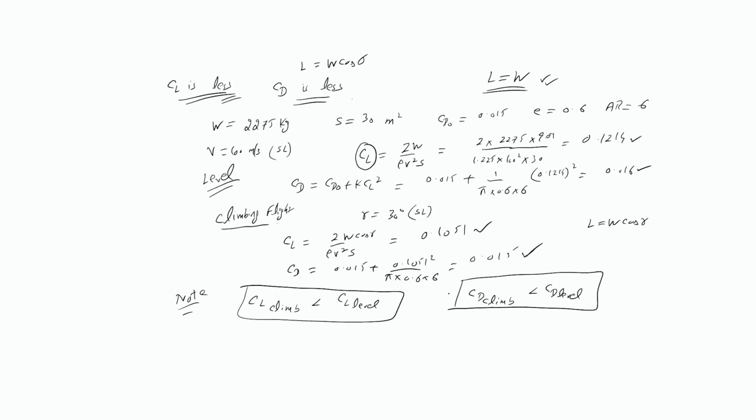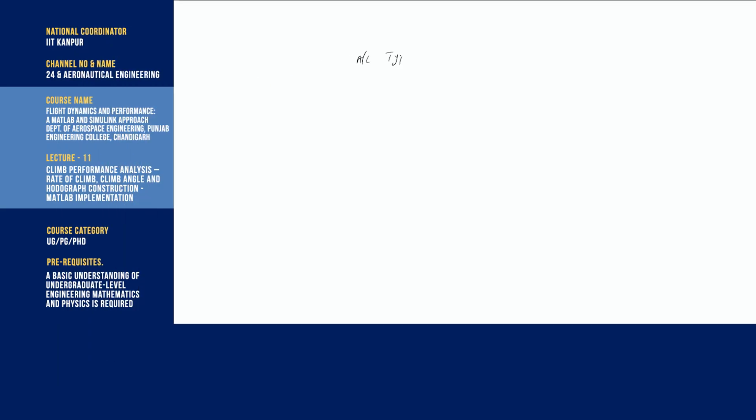Alright, now generally speaking, for different types of aircraft, what is actually the typical flight path angle? So these are estimates. For commercial aircraft, the typical flight path angle will be 10 to 15 degrees. For fighter aircraft, it can go to 30 to 60 degrees, and it can even go beyond this.